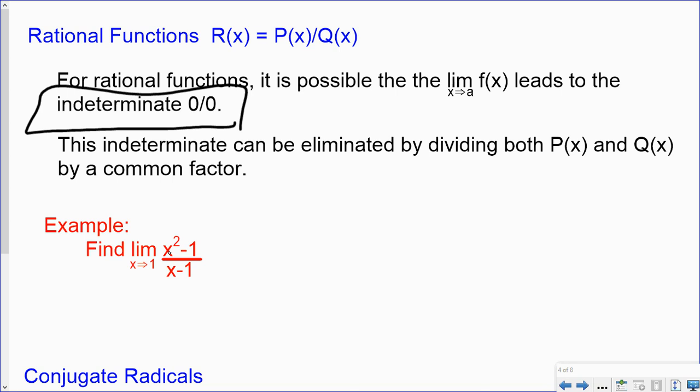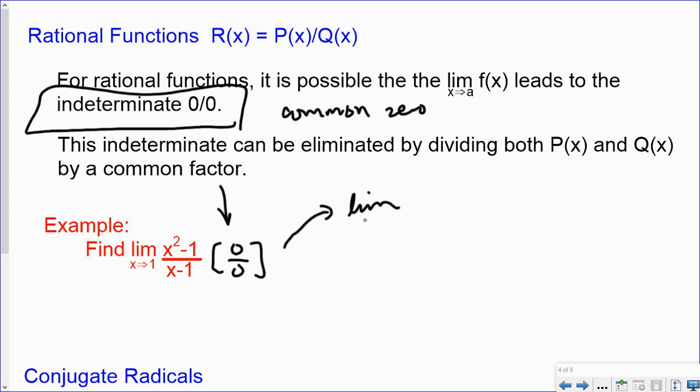If upon direct substitution we get 1 squared minus 1 is 0, and 1 minus 1 is 0, we get a 0 over 0. This is the common 0 idea. We have to think of another way to solve it. We should check for this first, but if we get a 0 over 0, we have to think about an alternative way to evaluate this limit.